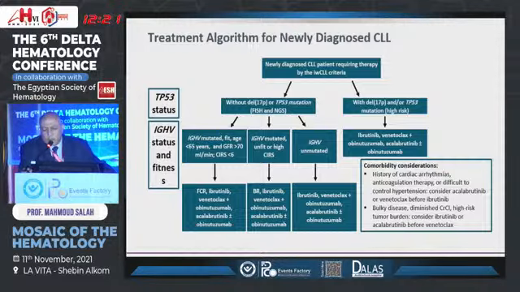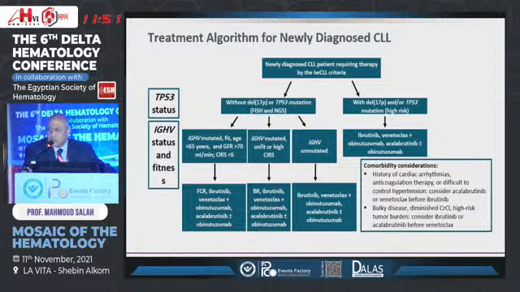For the patients with deletion 17p or TP53 mutations and high risk, these patients also have a resistance to chemoimmunotherapy, so the patient will get benefit only from ibrutinib, venetoclax plus obinutuzumab, or acalabrutinib plus or minus obinutuzumab. There is some consideration regarding the comorbidity of the patient.